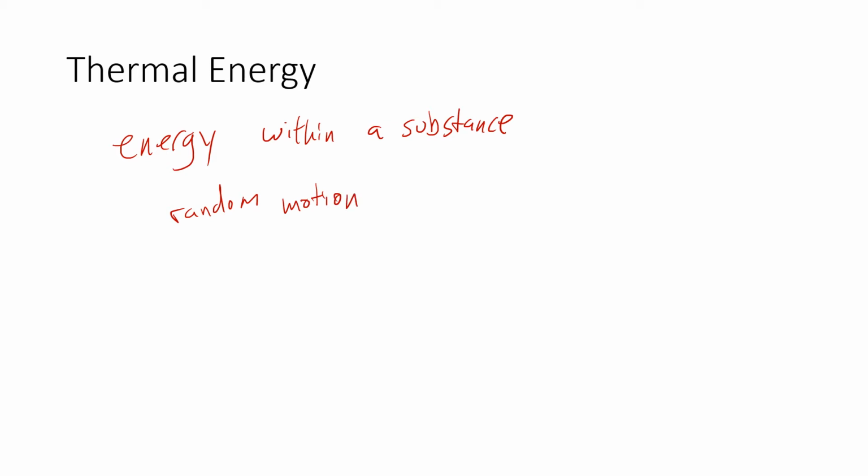All that kinetic energy we talked about last time, that's thermal energy. We don't call it kinetic energy, we call it thermal energy because it's random. It's not in any particular way. If you added all those vectors together, they basically cancel out. So that's what makes it random motion.